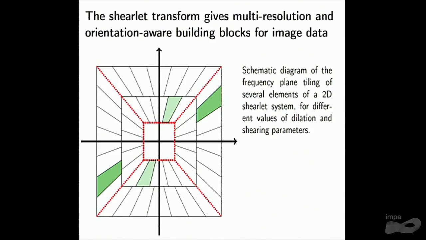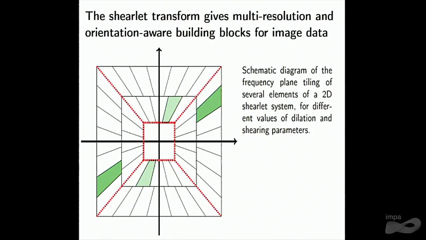Shearlets divide up the Fourier space in this kind of boxes. So if you take any shearlet, take the Fourier transform of it, and that will be essentially supported in these kind of areas.